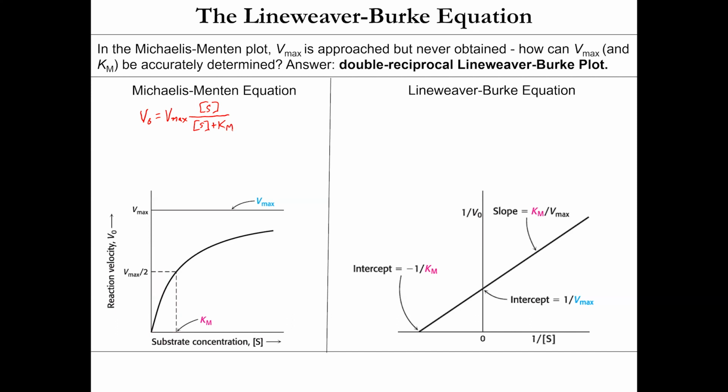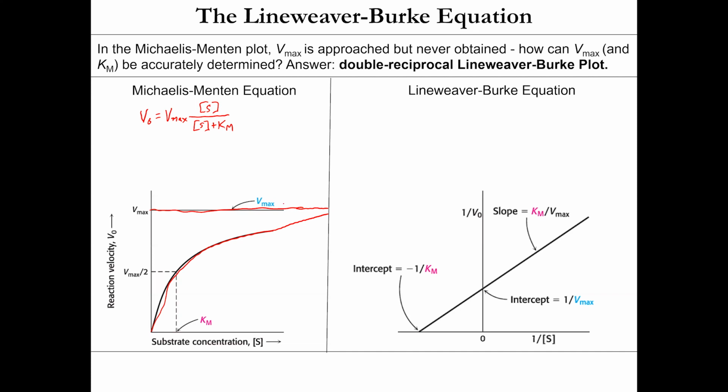Now, when we graph this out, if we run an experiment, that Vmax value is going to be approached but never fully obtained because you can't perfectly get where all enzymes are 100% bound to substrate. You can get to 99.99%, but you can't get an accurate number for it.